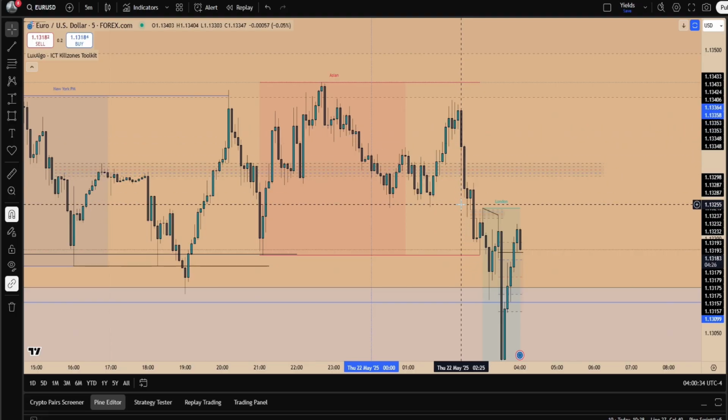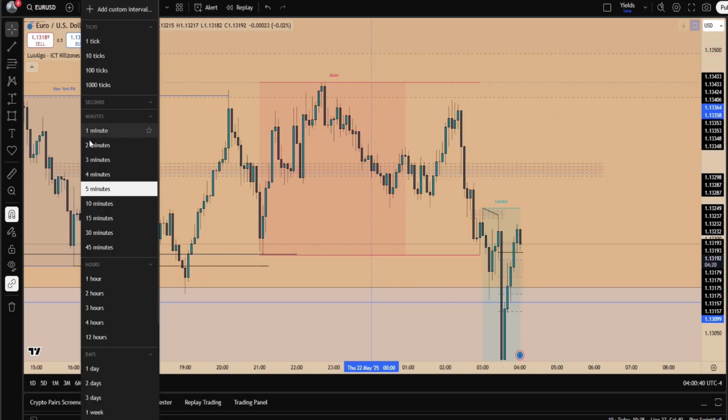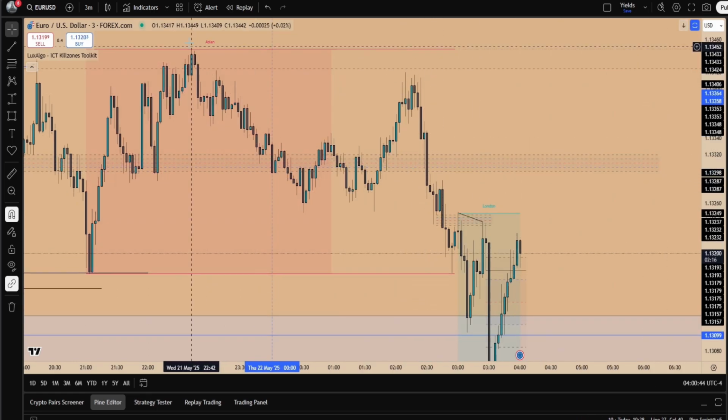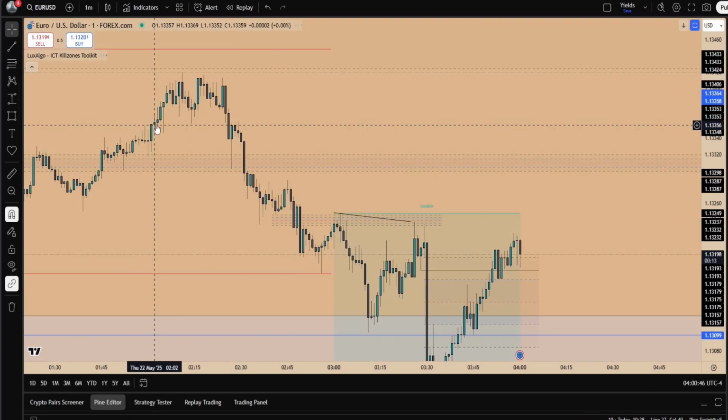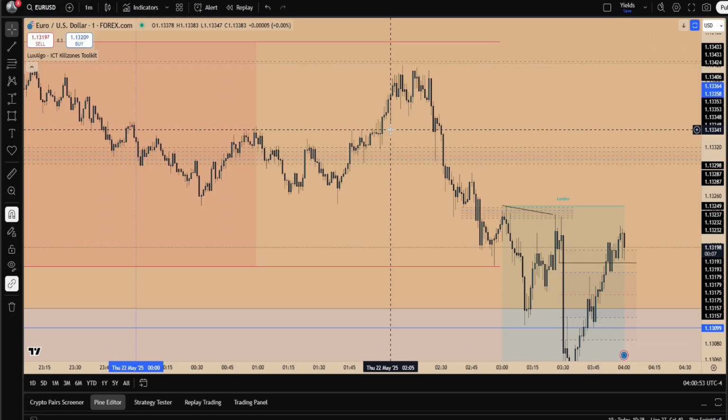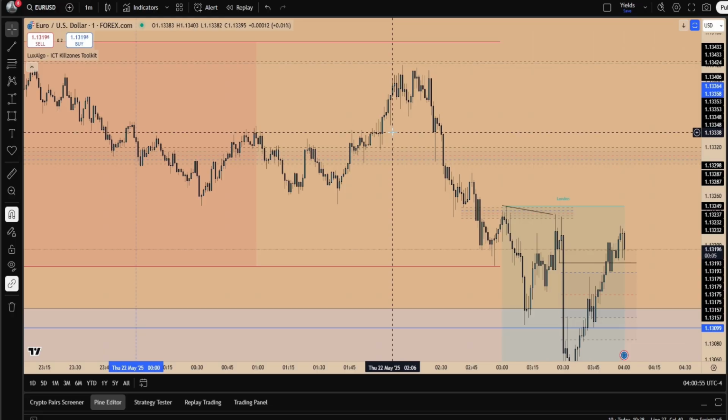Anytime I see a quick displacement through the level, like I see here, I treat that as a key indicator that now price is ready to move quickly to a particular level.